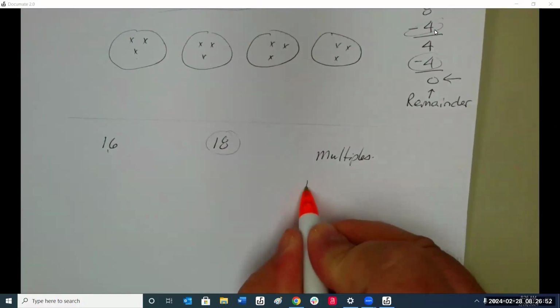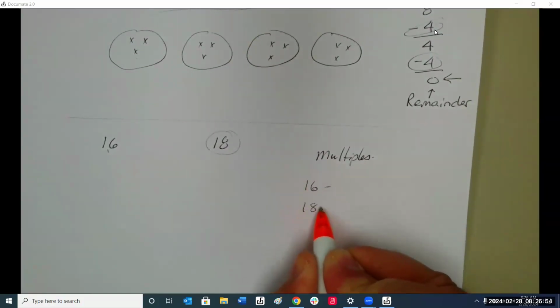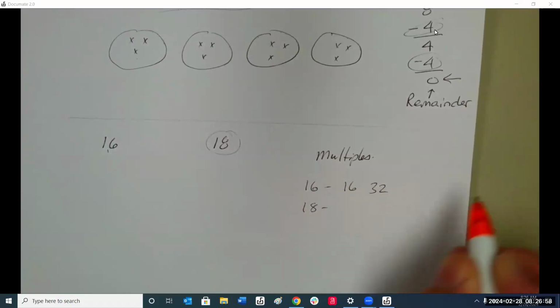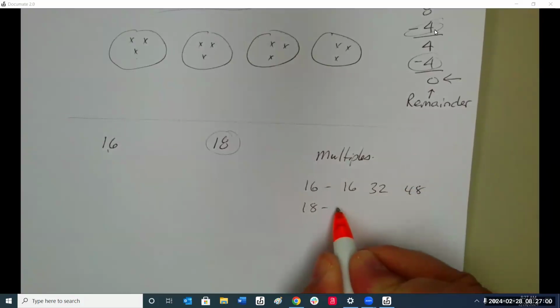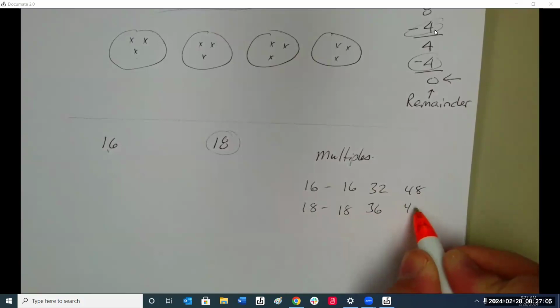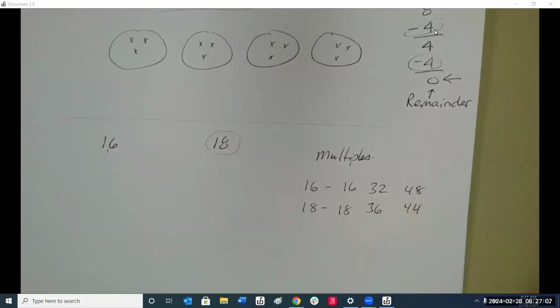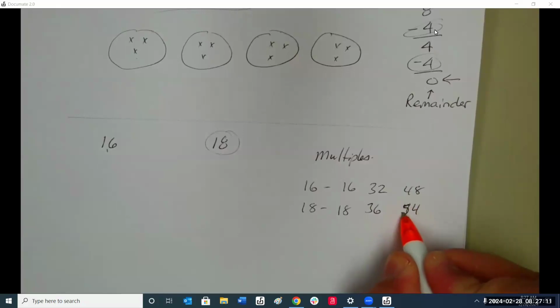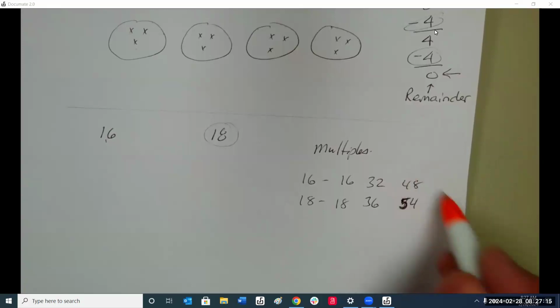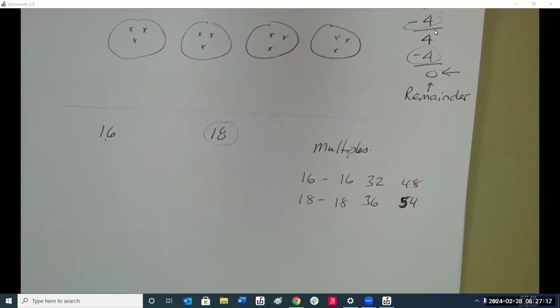Or what he's saying there is start with 16, start with 18, and multiply: 16 times 1, 16 times 2, 16 times 3, 18 times 1, 18 times 2, 18 times 3. No, 4. And keep on going until you find two numbers the same. That's one way of doing it. What's the other way?